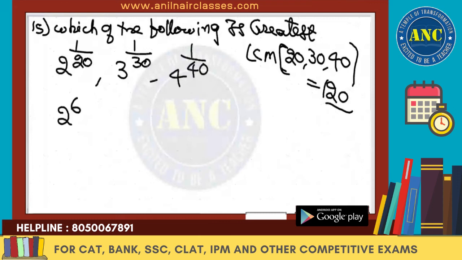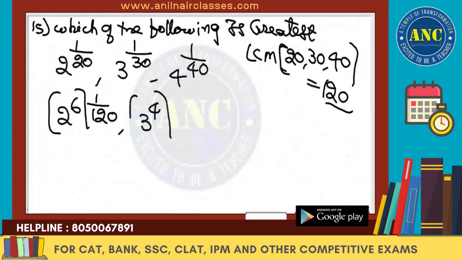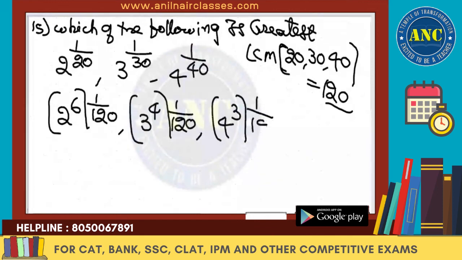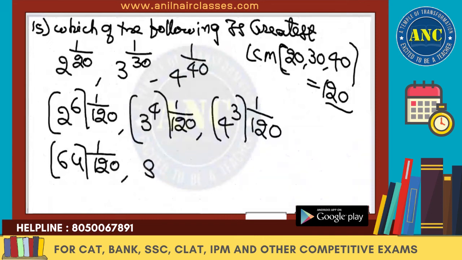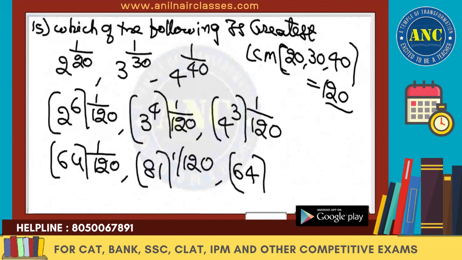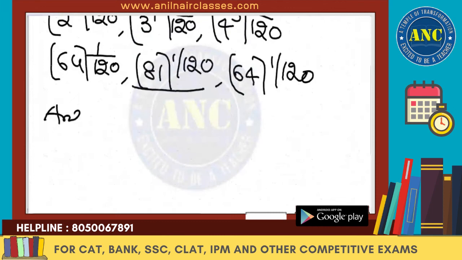So these are 2 power 6 power 1 by 120, 3 power 4 power 1 by 120, 4 cube power 1 by 120. That is 64 power 1 by 120, 81 power 1 by 120, and 4 cube is 64, so 64 power 1 by 120. Which is greatest? This one is greatest. So the answer for this question is 3 power 1/3.